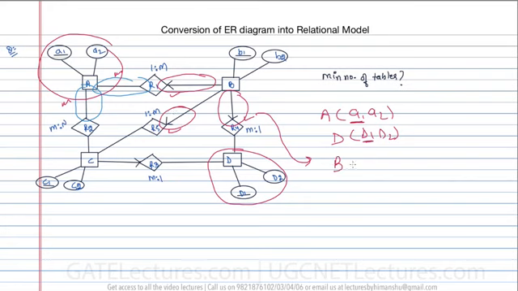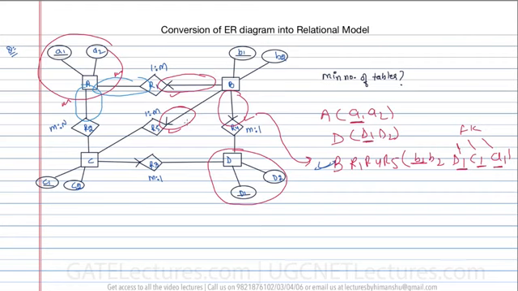There is one single table which is required for them, and it is having the attributes B1, B2, D1, C1, A1, where D1, C1 and A1 are the foreign keys, and B1 is the key attribute here. So for this complete B we just have to create one single table.